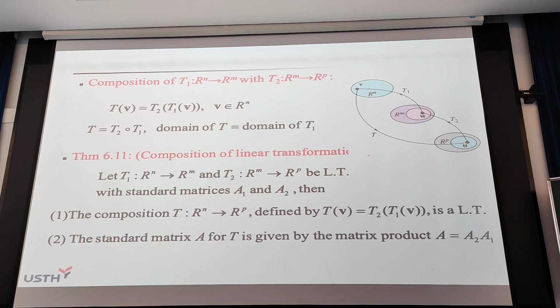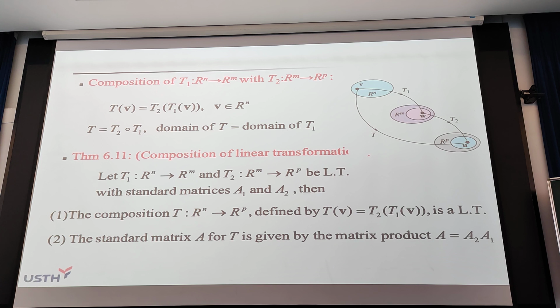The first one, it says that the composition is also a linear transformation going from Rn into Rp. What's the second one? Now the standard matrix for the composition will be A2 multiplied by A1.